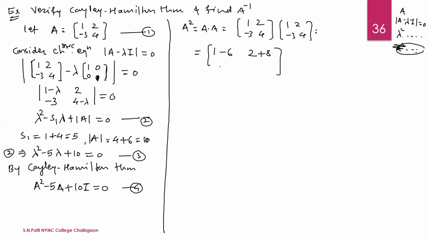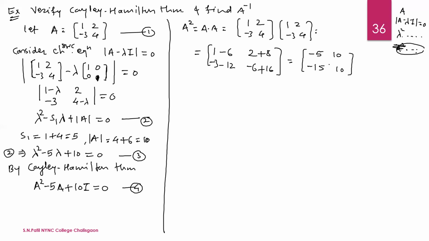Second row multiplied by the first column: minus 3 into 1 is minus 3, 4 into minus 3 is minus 12. Second row by the second column: minus 6 plus 16. So we get A squared equal to minus 5, 10, minus 15, 10.